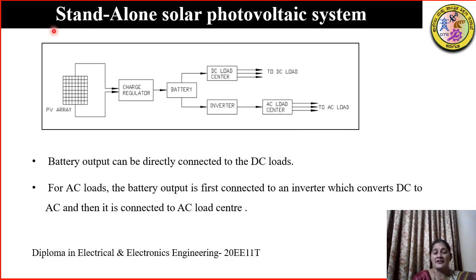Moreover, the standalone system can be installed very close to the load center, because of which there is no cost of transmission and distribution. This type of system is very much suited in remote locations or rural areas where there is no presence of grid. Also for military applications where there is no electrical supply, if you want to temporarily set up a standalone system, it is very easy and convenient.